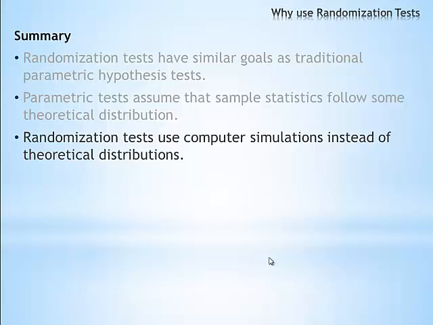Randomization tests differ from parametric tests. While both procedures, parametric and nonparametric tests, calculate some sort of test statistic, the nonparametric tests, such as the randomization test, do not compare statistics to table distributions. Instead, we compare our statistic to the results we obtain when we repeatedly randomize the data across groups over and over again.